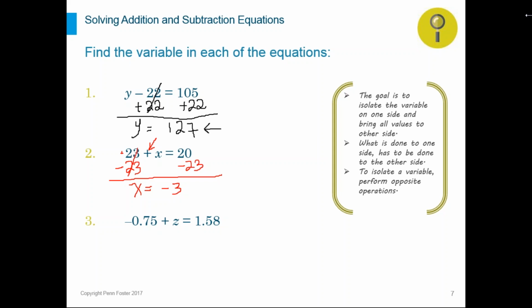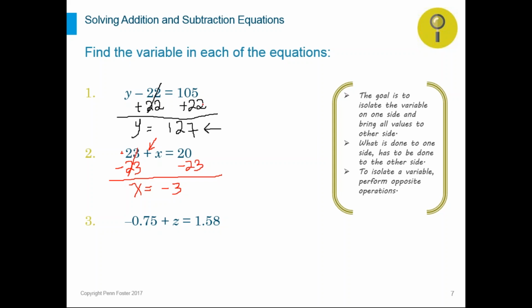Let's do number 3, and we see some decimals in our equations. We should not panic if we see something weird in the equation, like a fraction or a decimal or negative numbers. We're going to follow the same rules. So we have negative 0.75 plus the variable z equals 1.58.